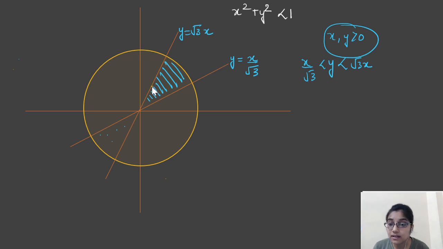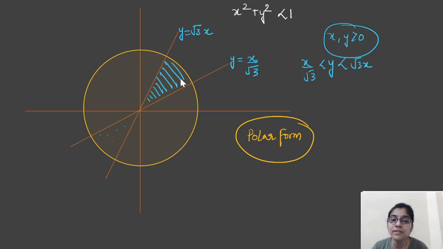And if you are doing it with respect to x, then also the region is divided into two parts, so you have to solve two integrals. So in this case what we will do is very simple for us. We will apply polar form. Wherever we get a circle, it is much easier to solve with the help of polar form. What we will do, you just draw a strip like this.